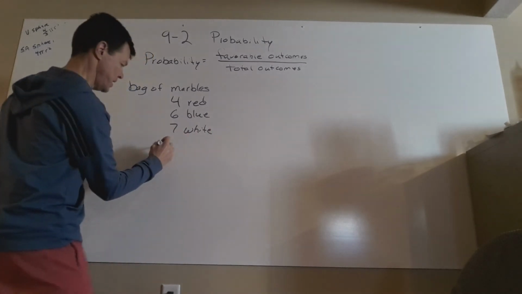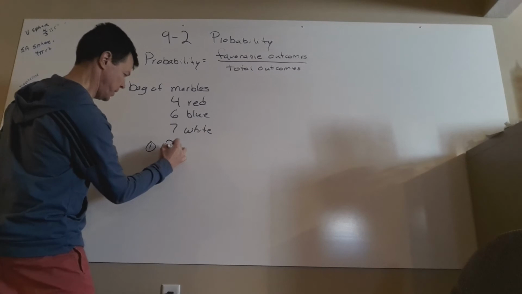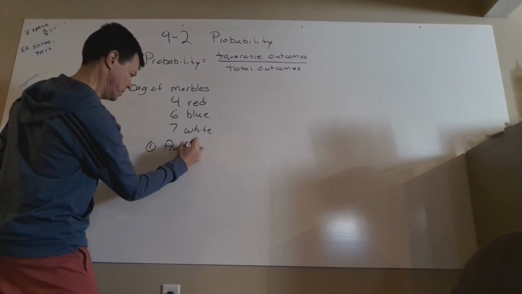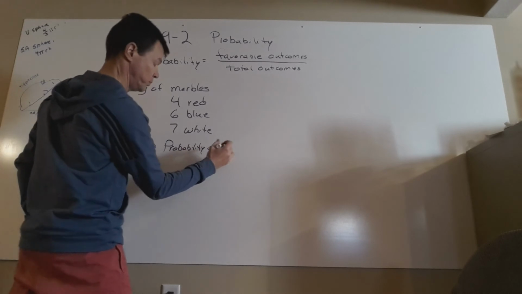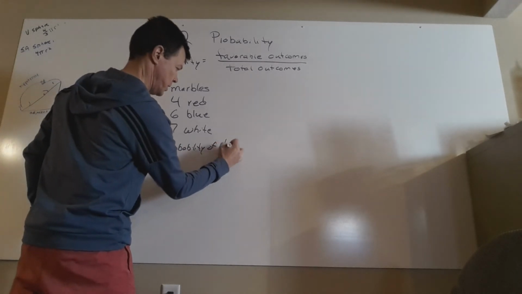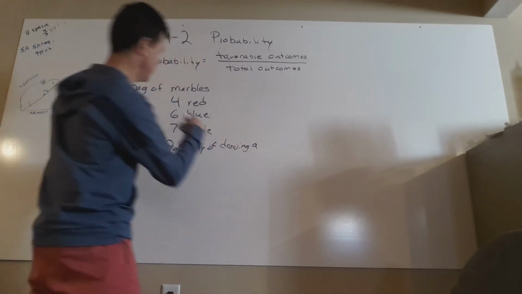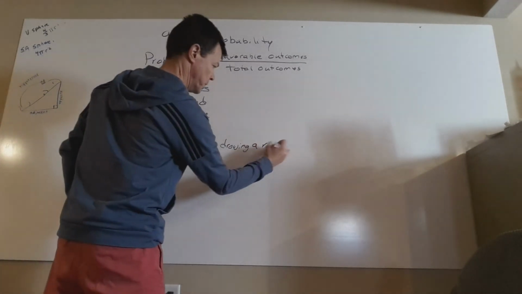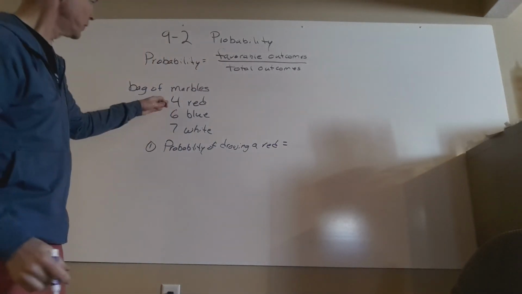So for this example, we're going to do the probability of drawing a red marble. So there's 4 red marbles.